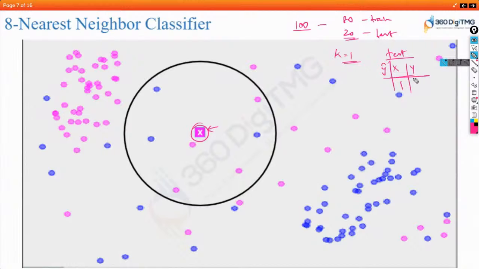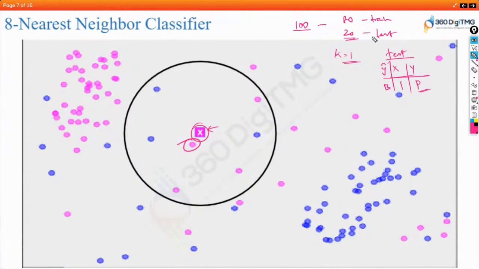Right? Let's say actually it is pink, but you're predicting it as blue. Your model has predicted it as blue. Then that means it's a wrong prediction, right? It's a wrong prediction. But if it is saying pink, then yes, you are correct.